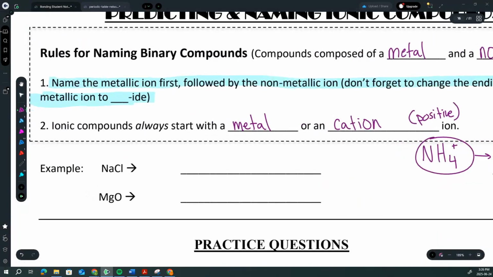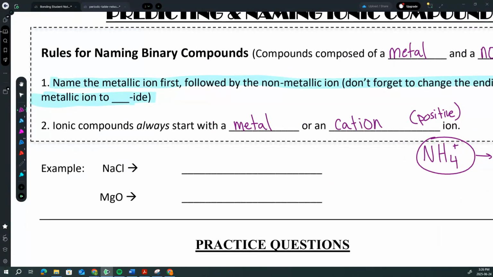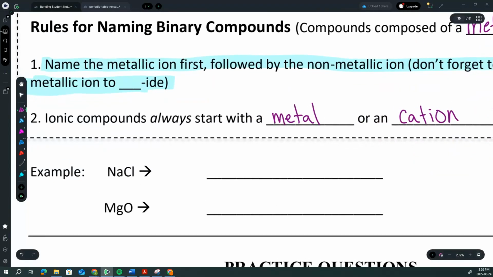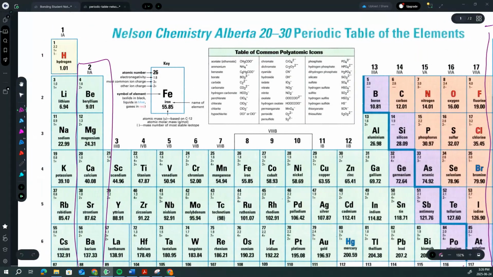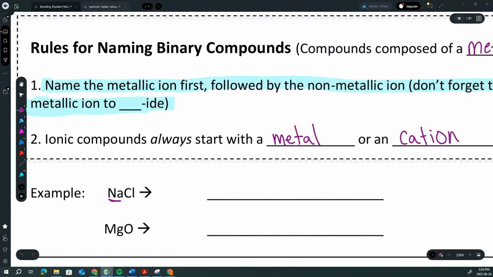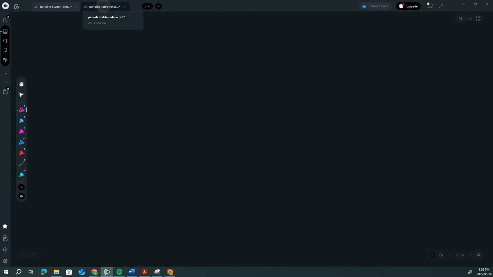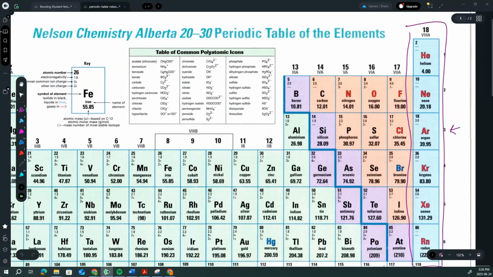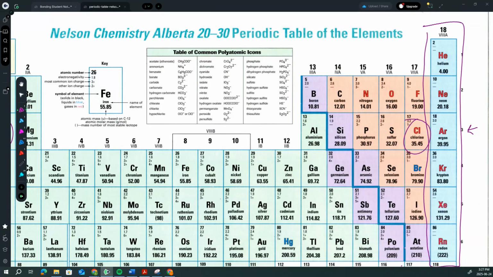For the two examples given here, the first one is a classic one that we've already said, but I'll go over it. Na, if you look on your periodic table, is the symbol for sodium. Switching this from a formula to a name, we write sodium, and then Cl is the symbol for chlorine.